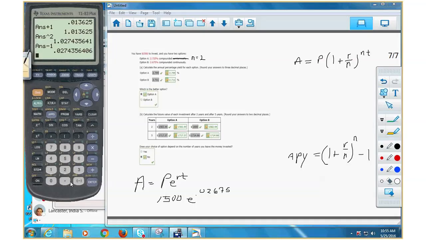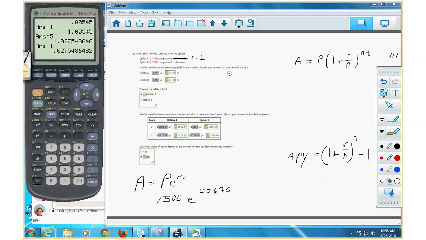And then do the same thing with 0.02725 divided by 5 equals plus 1 equals raised to the 5th power equals minus 1, and that's 2.755.